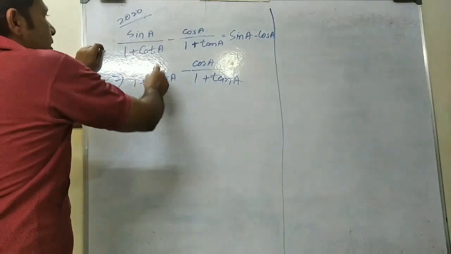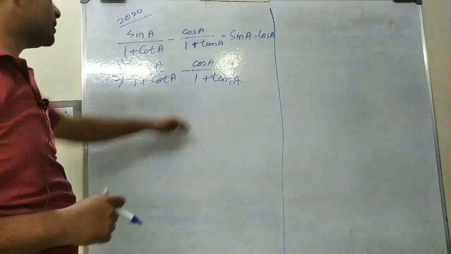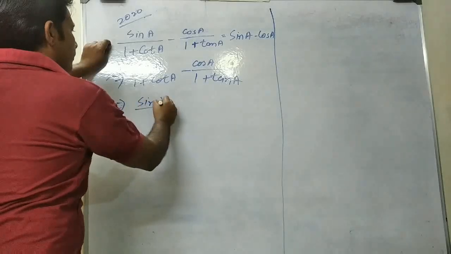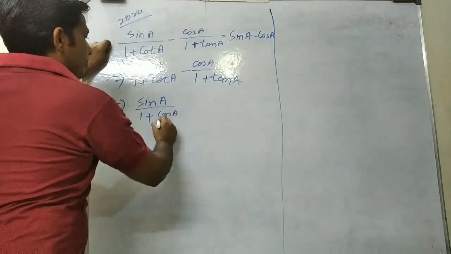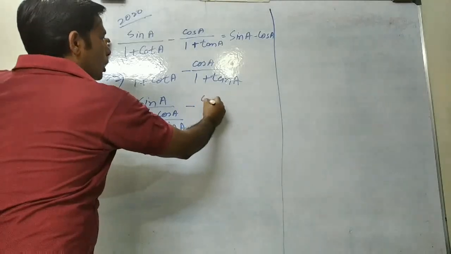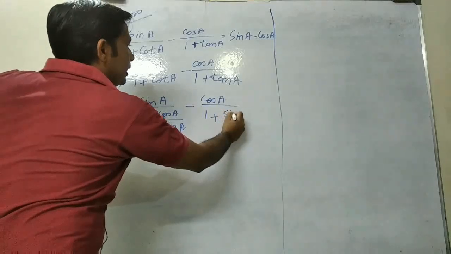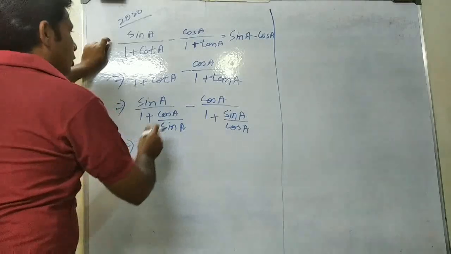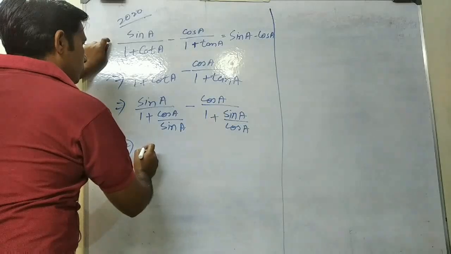So in the LHS side this is the question: sin A by 1 plus cot A minus cos A by 1 plus tan A. Again we will write here sin A by 1 plus cot A, which means cos A by sin A. This is the formula of cot A. Now cos A by 1 plus tan A, which means sin A by cos A. From the LHS side we will derive the RHS side, so we will calculate from here only.